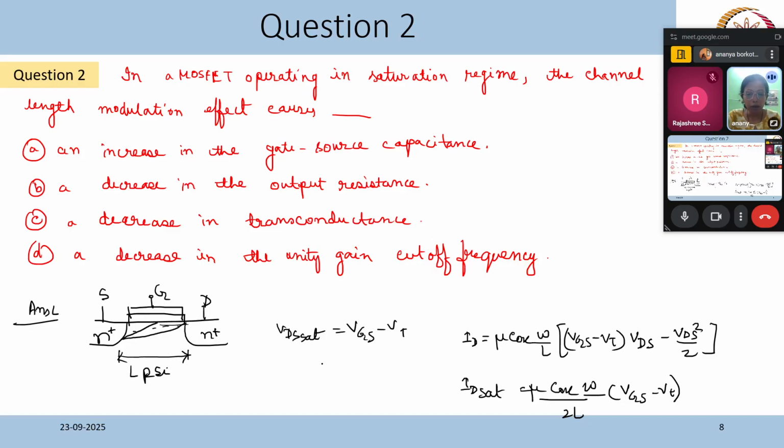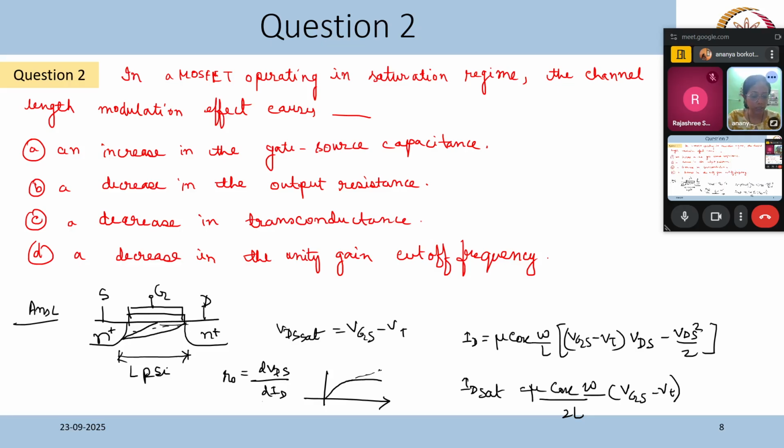So our graph, ideally, used to look like this. Now there will be a slight increase. What is the output resistance R0 we are defining? It is dVDS by dID. Because there was no change in our drain current, our output resistance was very high in the saturation region.